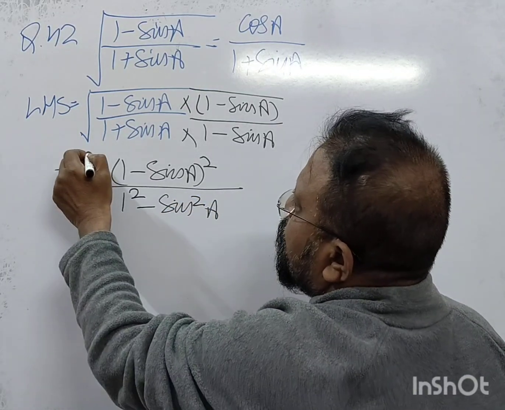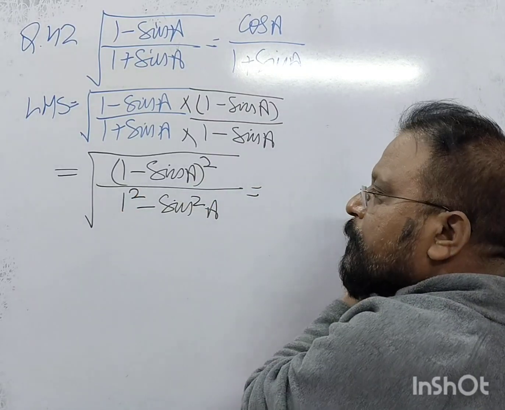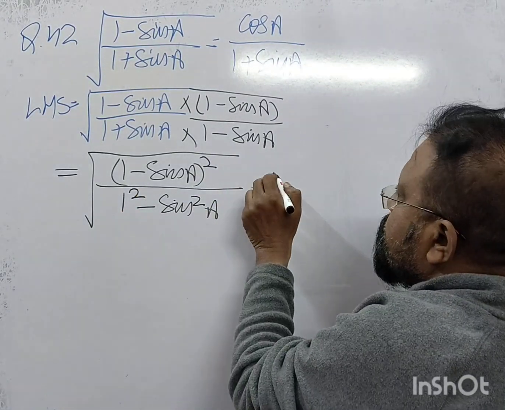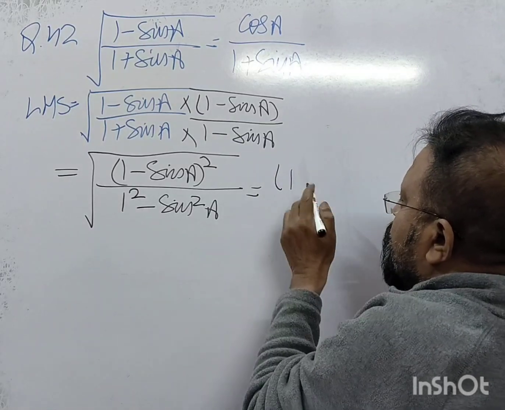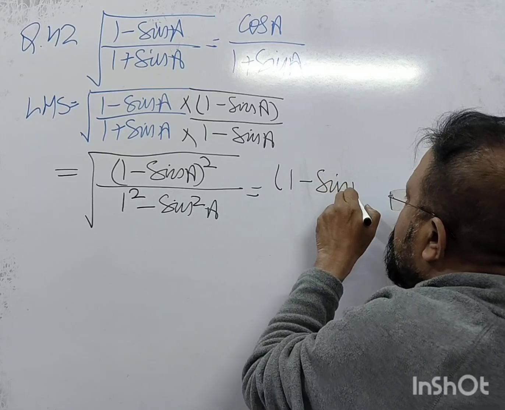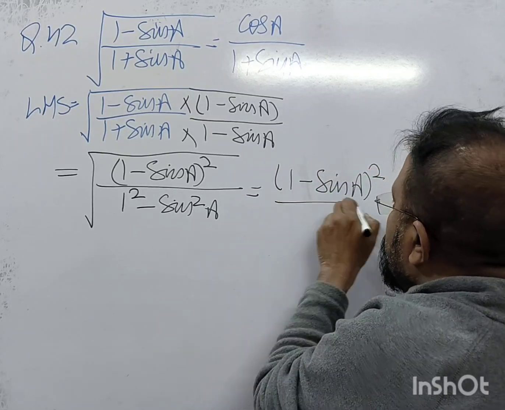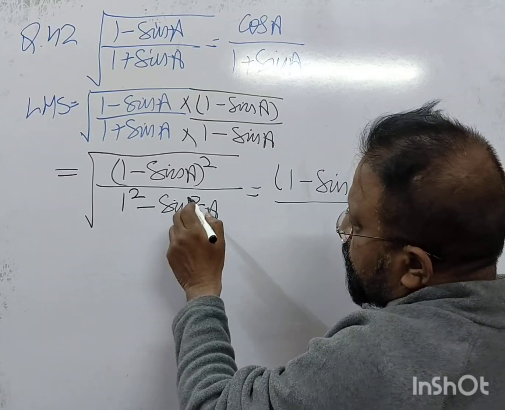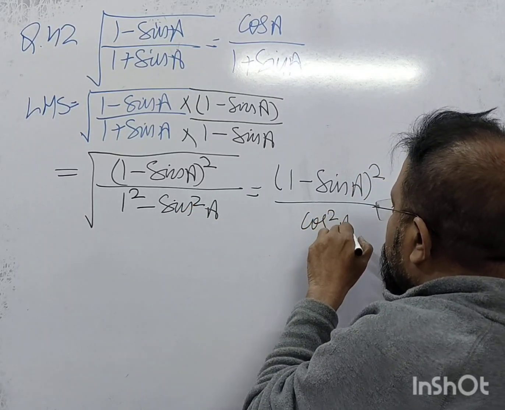You take root over, so it becomes (1 minus sine A) whole square upon 1 minus sine square A, which is equal to cos square A. Right?